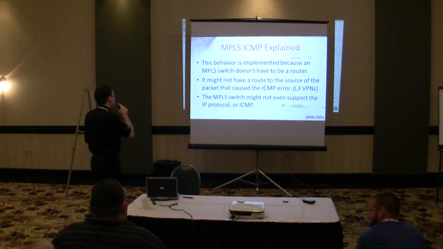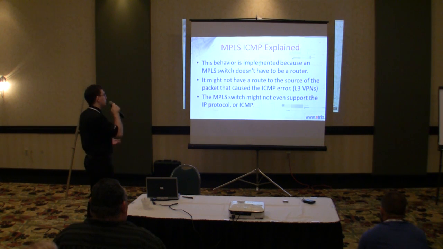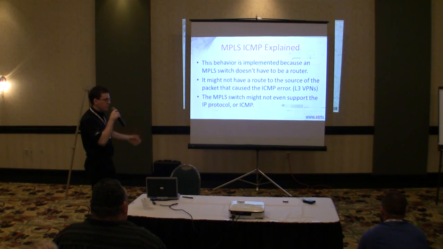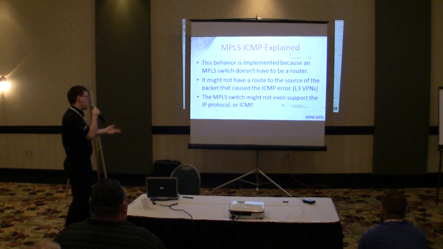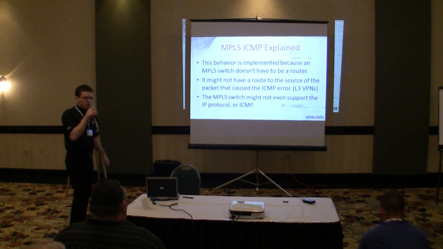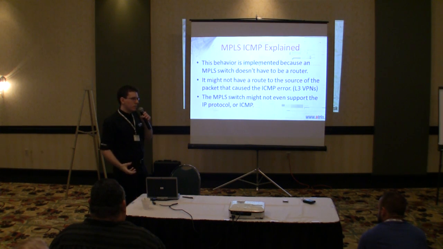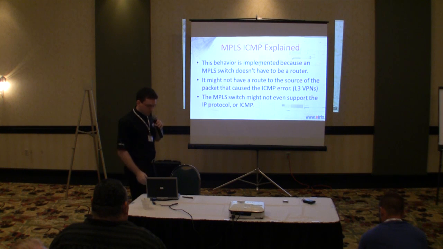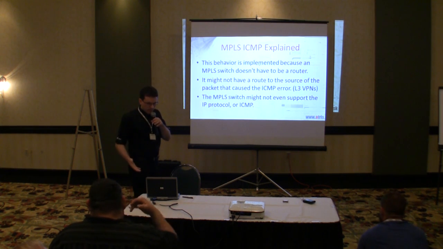Also, the MPLS switch might not even have a route to the source of the original packet that caused an ICMP error. This will happen in layer 3 VPNs. And as I said before, it might not even support the IP protocol. It might not even understand ICMP. All the MPLS switch cares about is that it can read labels and make switching decisions based on the labels. So this is why ICMP behaves as it does in MPLS.